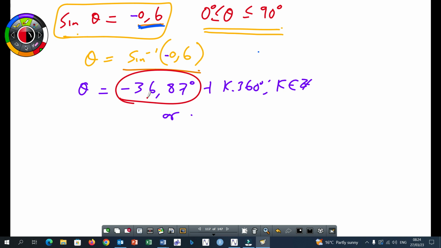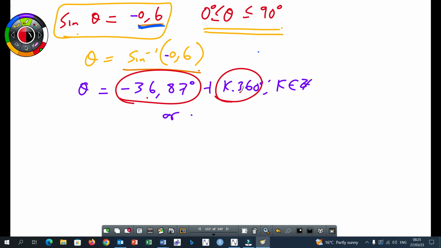If I put k equal to 1 here, I'll get the angle in the fourth quadrant as a positive. This k times 360 caters for all values, whether negative or positive. You'll be wasting time to convert it to a positive. You leave it like it is, like this.